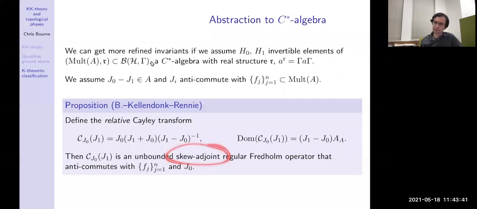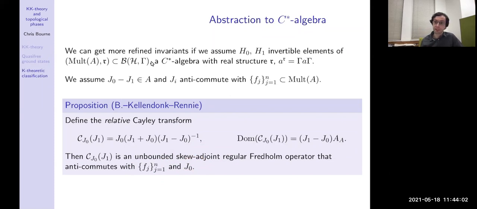It's actually skew-adjoint rather than self-adjoint, but that's easily dealt with. This operator will still anti-commute with my pseudo-symmetries, these FJs, and also one of the J's, in this case J0.